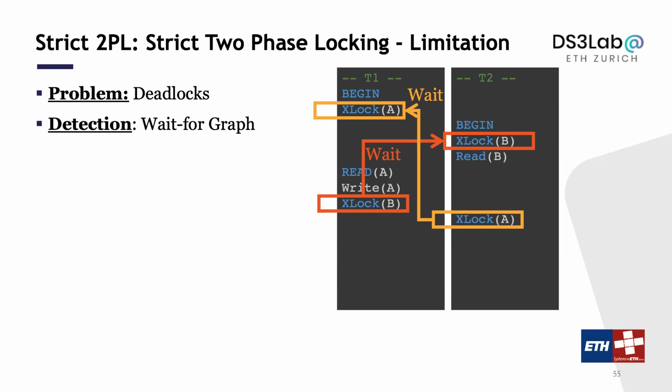So what should we do? Well, there are different ways you can deal with this. Probably the simplest or the most natural way is to periodically and automatically detect deadlocks. And if there's a deadlock, the system can issue an abort on some of the transactions to roll them back, to break the deadlock and allow other transactions to make progress.